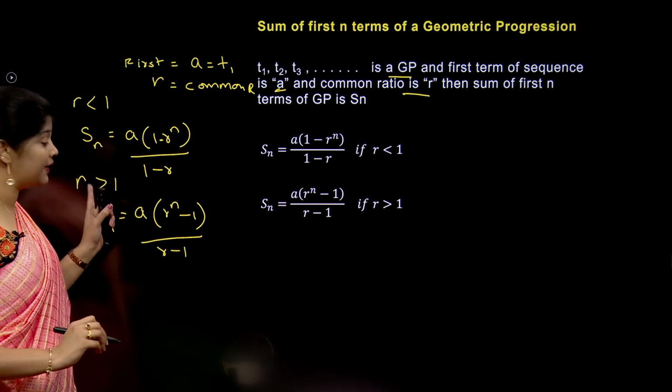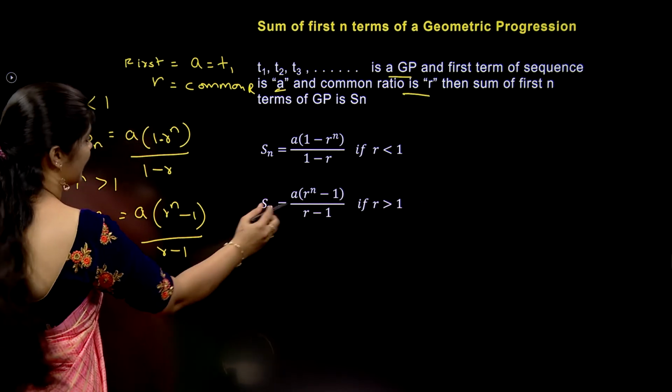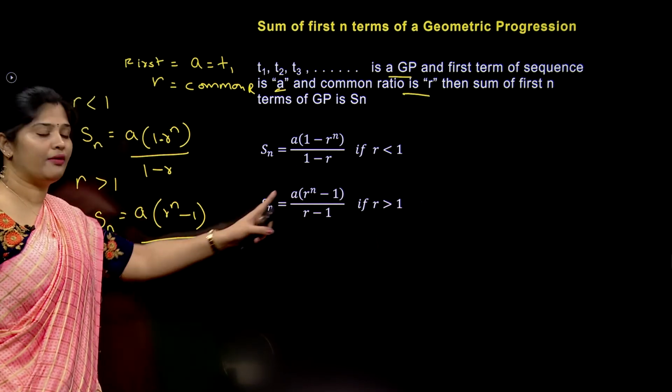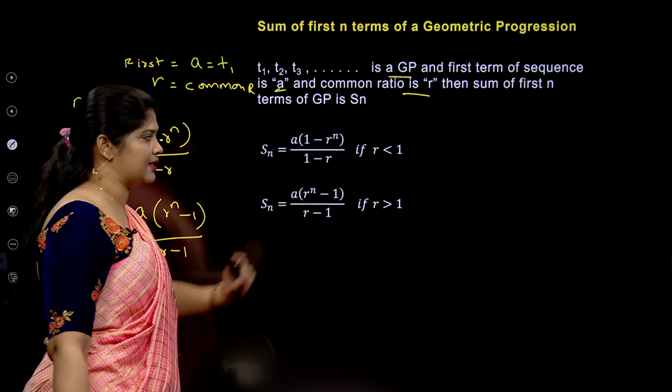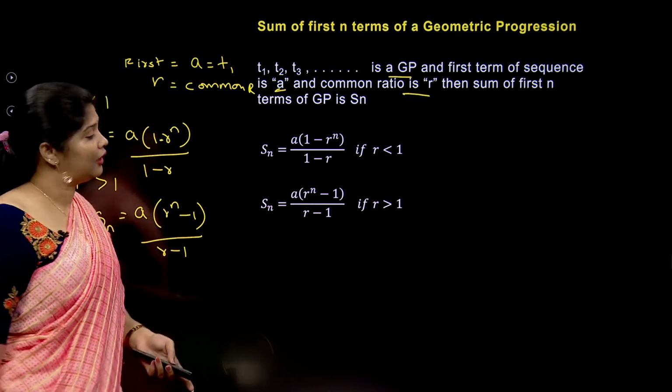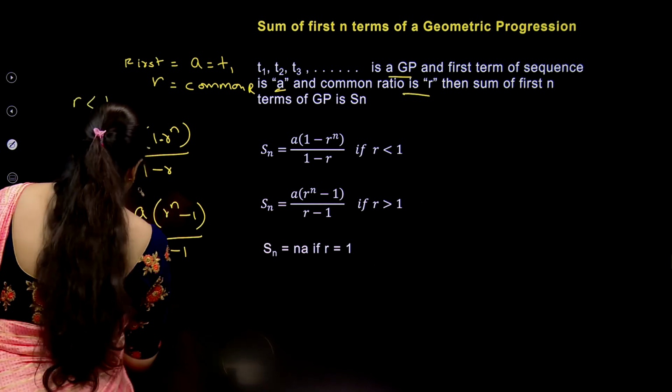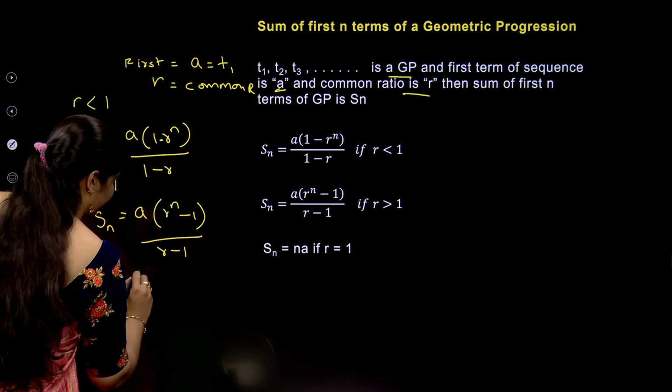If R greater than 1, the formula is Sn equal to A into R power n minus 1 by R minus 1. Then if R equal to 1, the formula is Sn equal to Na.